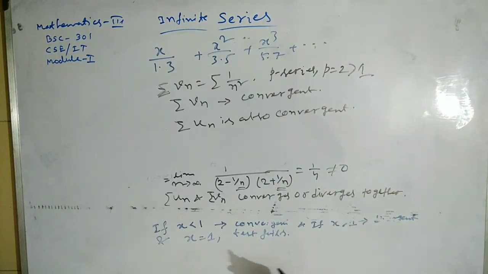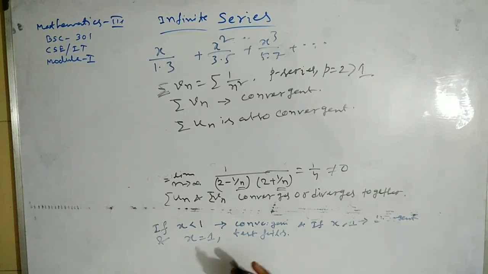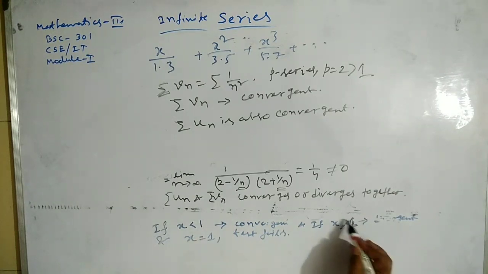So for x equal to 1, we saw that summation of un is convergent by comparison test, and by applying D'Alembert's ratio test, we have already concluded that the series is convergent for x less than 1 and divergent for x greater than 1.